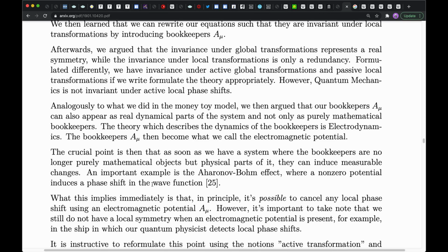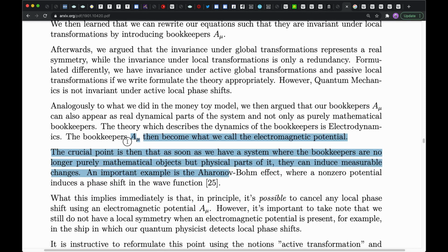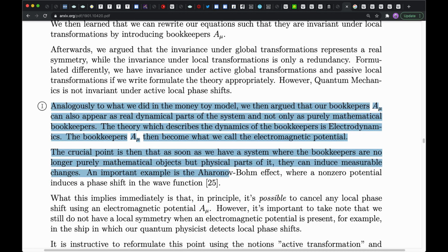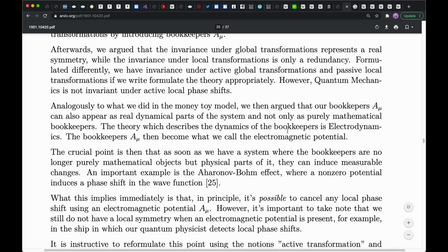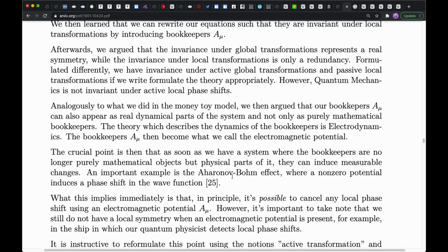Give me a moment just to read that. So basically here he talks about how our bookkeepers become real in electrodynamics because of the Aharonov-Bohm effect.